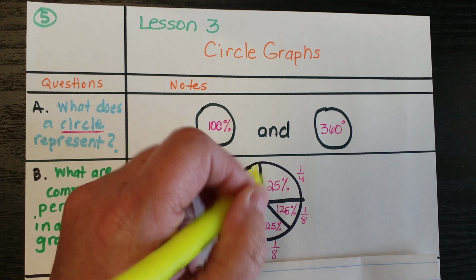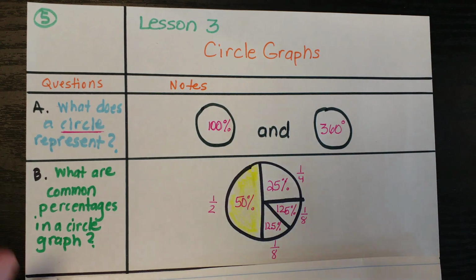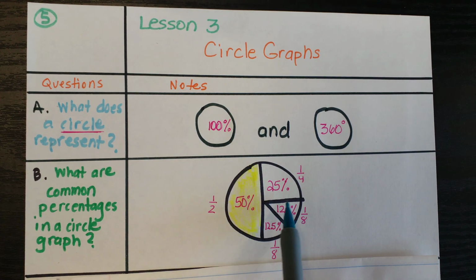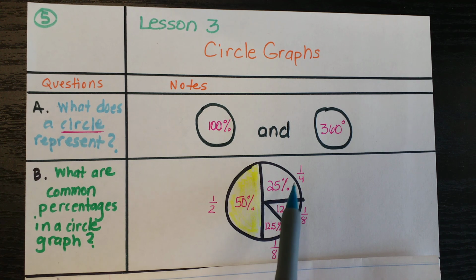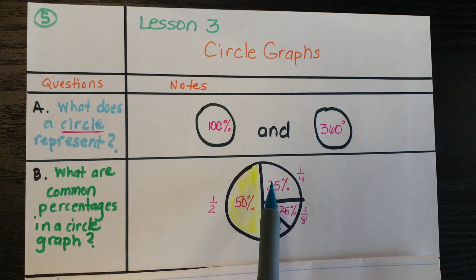Now, half of 50% would be this little piece right here. Sometimes we call this a quarter of a circle. A quarter of a circle always represents 25% of the circle or 1/4 of it. And then if we were to split this 25% in half, it would look like these two little pieces right here.